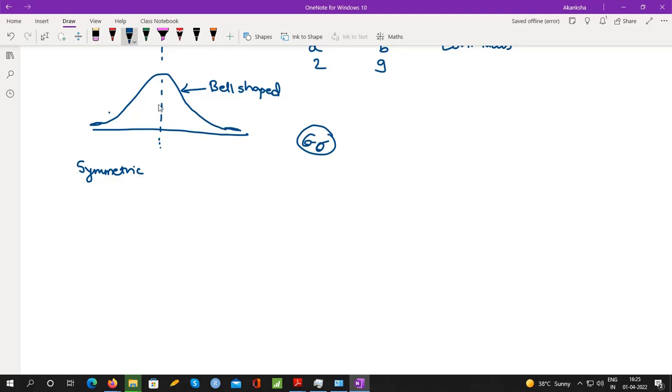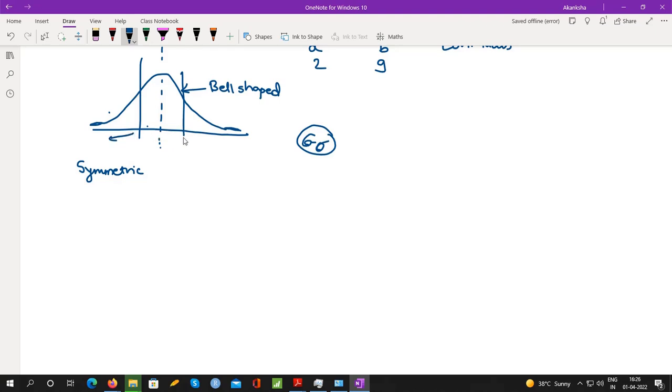So why is the normal curve so widely used? First of all, it represents most of the natural phenomena. For example, if I talk about heights, and let me focus on only one gender, say heights of adult males, then the majority of the people will have average heights, in maybe some such interval.